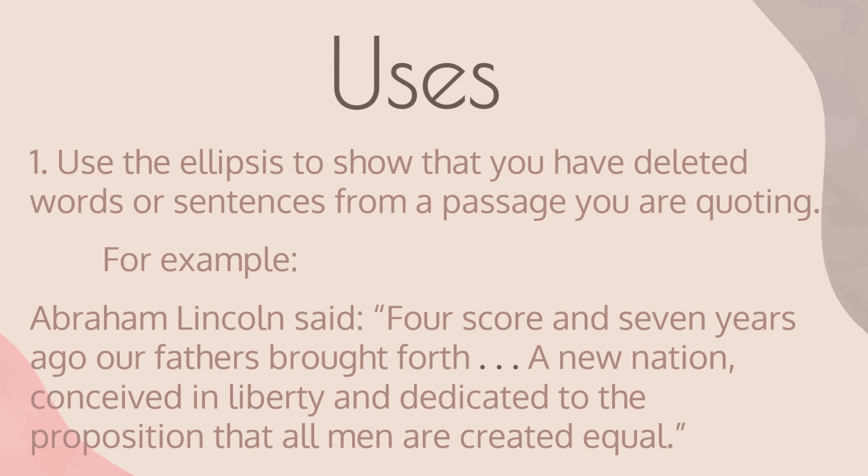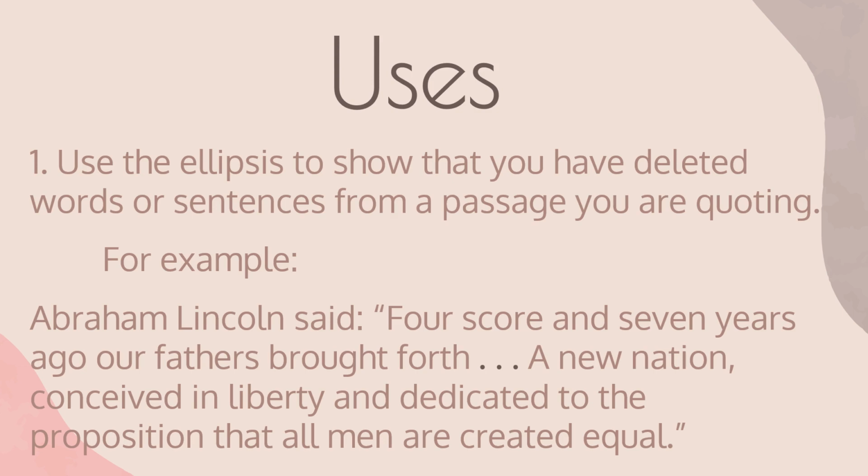For example, Abraham Lincoln said, "Fourscore and seven years ago our fathers brought forth a new nation, conceived in liberty and dedicated to the proposition that all men are created equal." Here, instead of quoting the whole thing that he had said, we took two sentences which we thought were related.